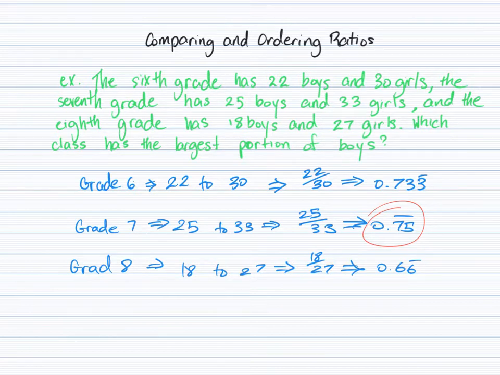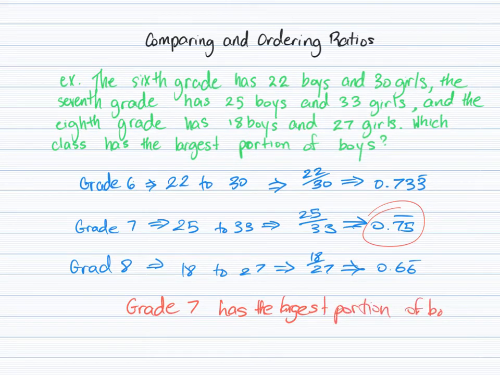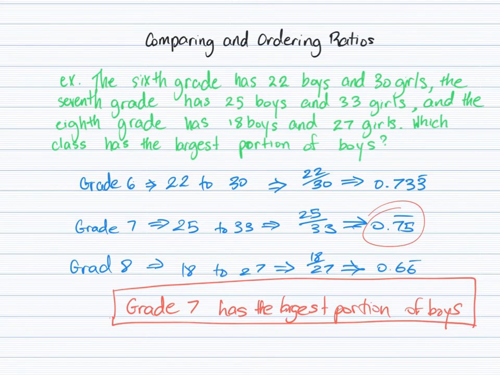So in this question, we can go ahead and answer that grade 7 has the largest proportion of boys. And again, that is indicated by the fact that when we did our division, we got the biggest number when we compared it to the number of girls. And that's it.